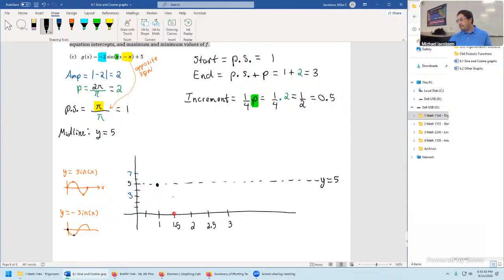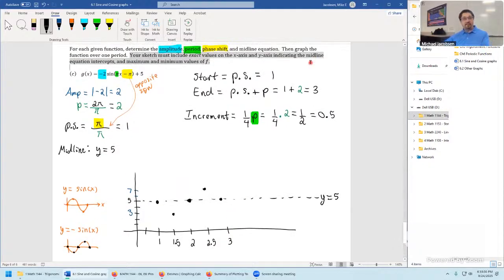So that's going to be at height 3, where that blue label is. Move over to this. This is where we're going to intersect the midline. Move over an increment, 0.5. We're at the maximum value. So at height 7 on this one. Finally at 3, we're back to the midline equation. And so it ends here.